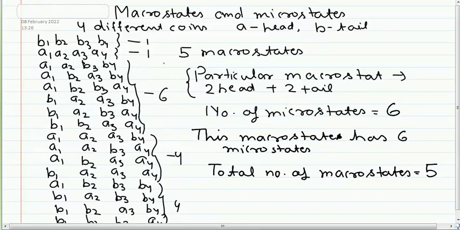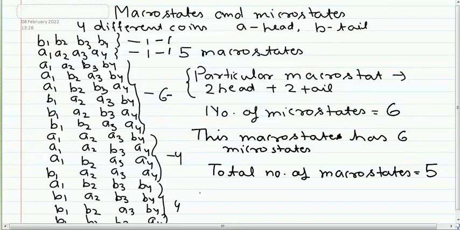We have 5 varieties and therefore the number of macrostates is 5. For this particular one we have only one microstate, here also only one, here it is 6 microstates, and here it is 4 microstates each.